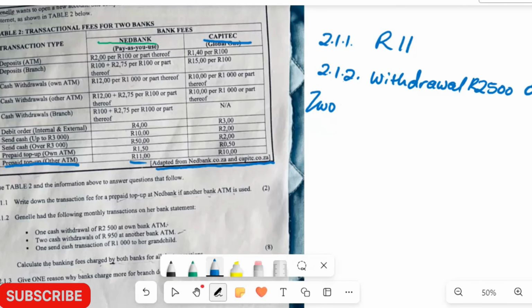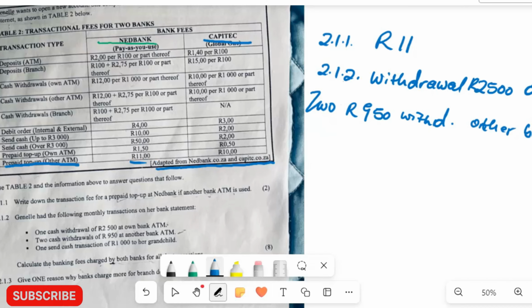You need to take note of this information. It's very, very important with regard to the question that you're going to answer. She withdrew 950 rands from another bank's ATM.